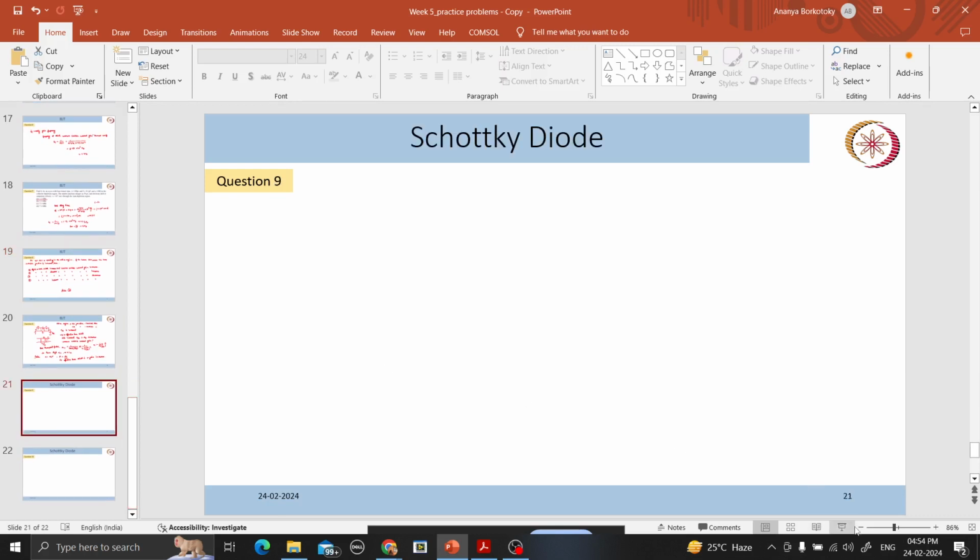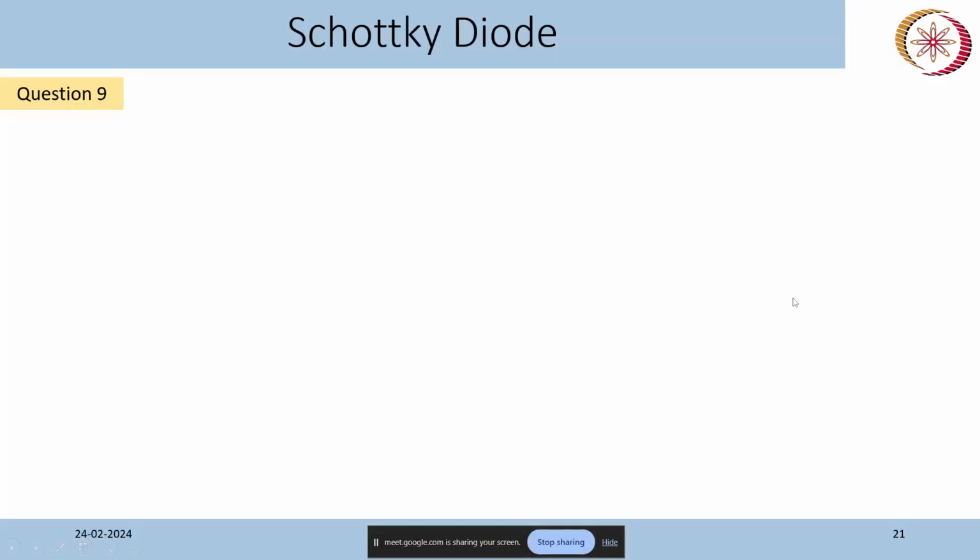Let's quickly go through two questions on Schottky barrier diodes. So Schottky barrier diodes are basically metal semiconductor junctions instead of a PN junction.